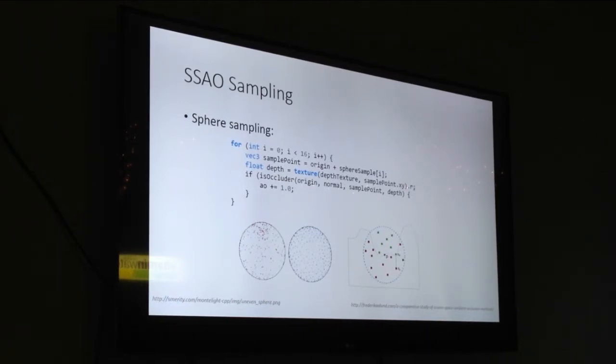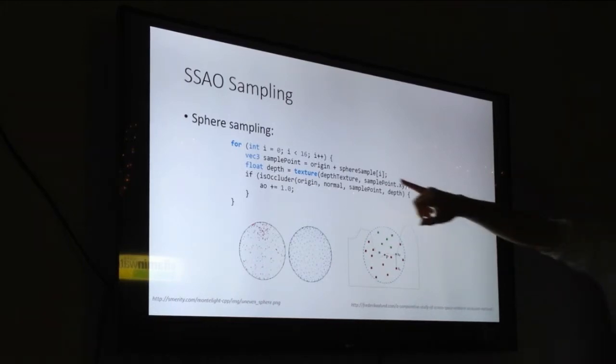A better way would be sphere sampling, in which instead of sampling every single pixel in my neighborhood, I just sample a collection of pixels. Instead of sampling the depth at every single pixel around me, I just read some and use that as the value.